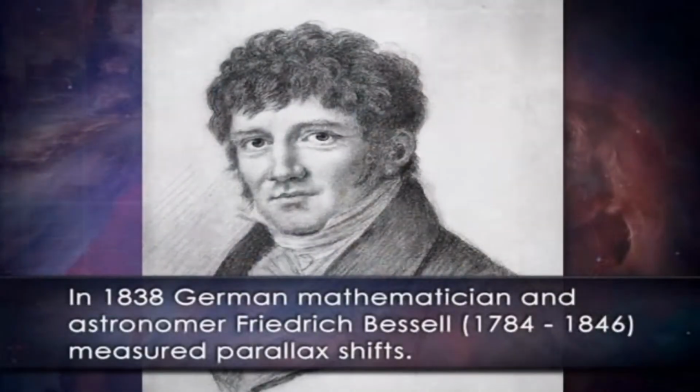In fact, despite enormous efforts, it wasn't until 1838 that the great German mathematician and astronomer Friedrich Bessel finally measured these tiny parallax shifts, as they're called. For the nearest stars, the shift is about 1 arcsecond, with smaller shifts for more distant stars.